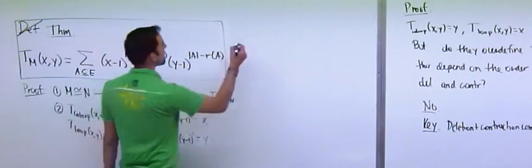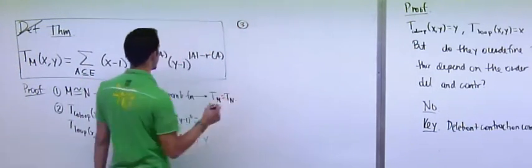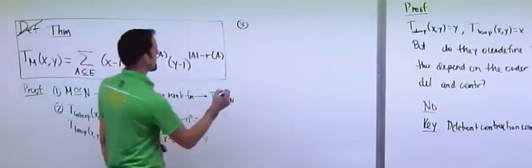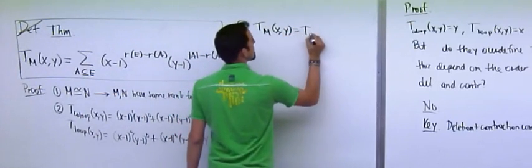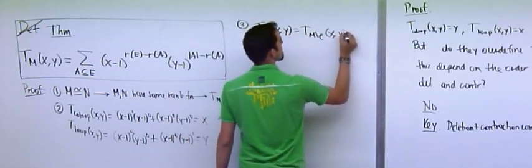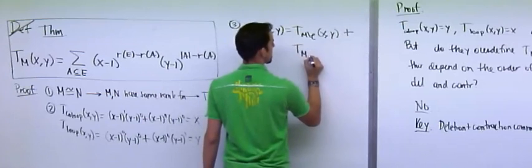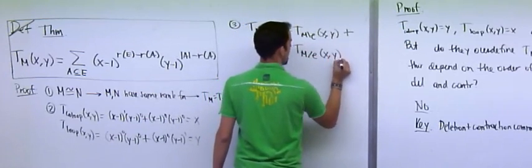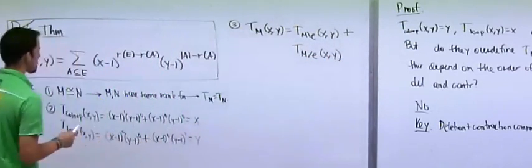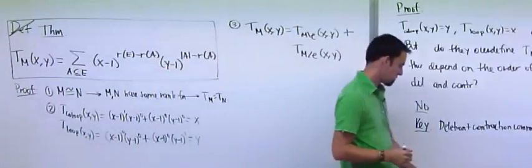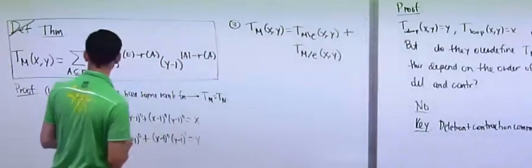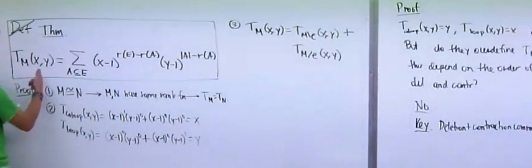And the third one is that you satisfy deletion-contraction. But again, I'll remind you that we proved deletion-contraction for the characteristic polynomial.